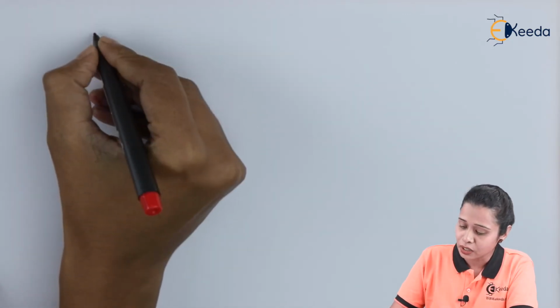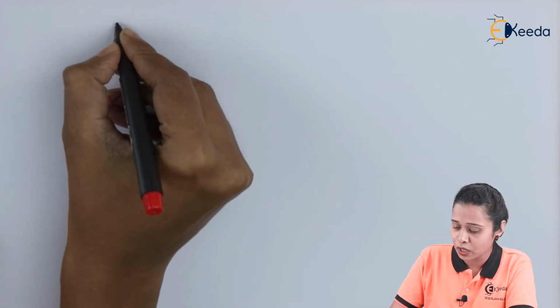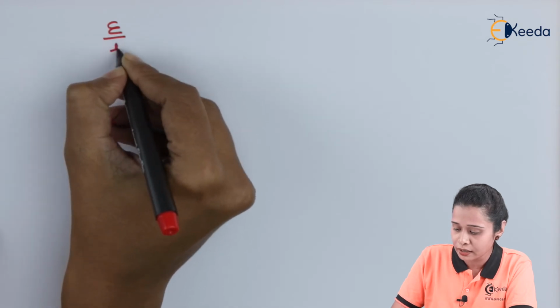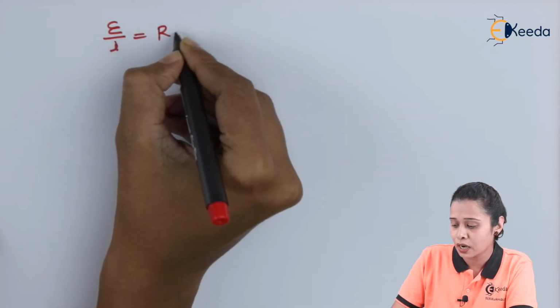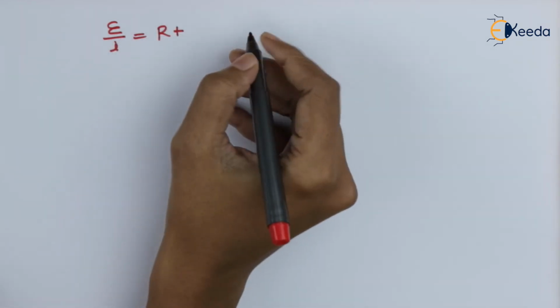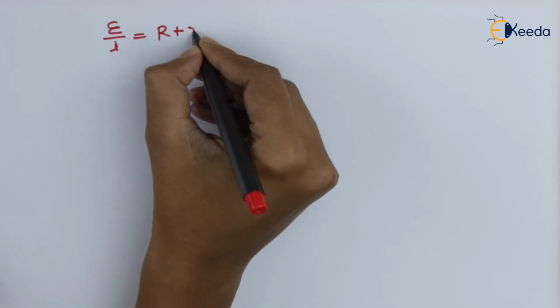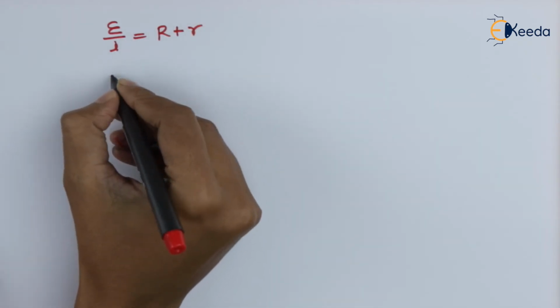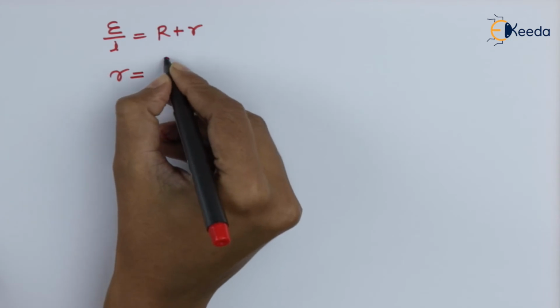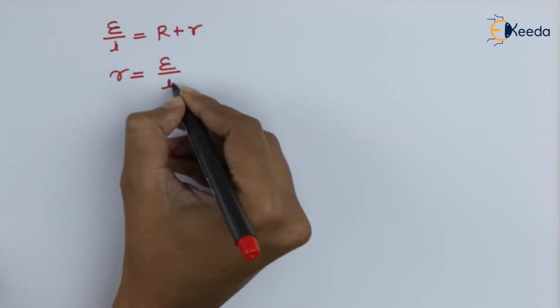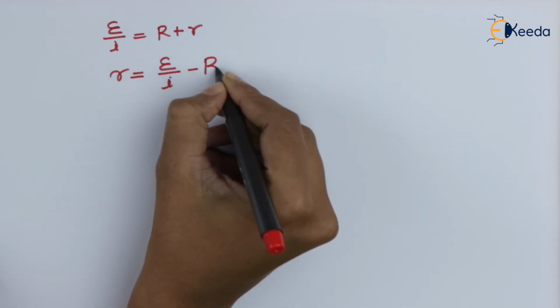Hence we can write down, we have a formula, that is epsilon by I is equal to R plus internal resistance r. Hence we can write internal resistance r is equal to EMF upon current minus capital R.